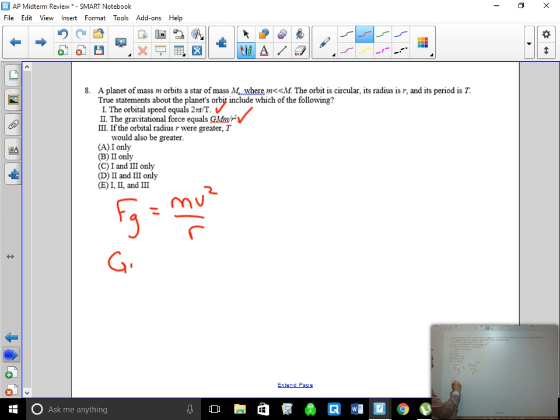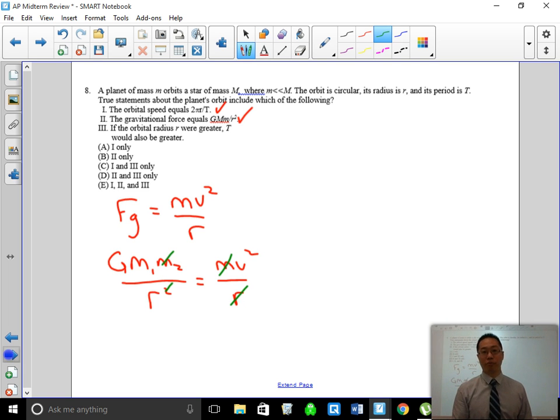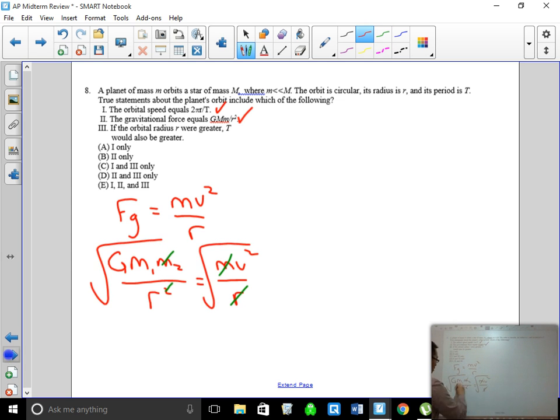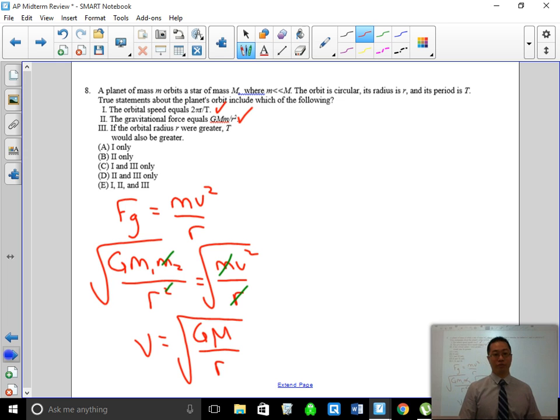If I set the formula for gravitational force equal to the formula for centripetal force, we can see that one radius crosses out and the mass of the small planet is canceled out as well. In fact, the velocity, square rooting both sides, is equal to the square root of G, the mass of the star, divided by the radius of its orbit.